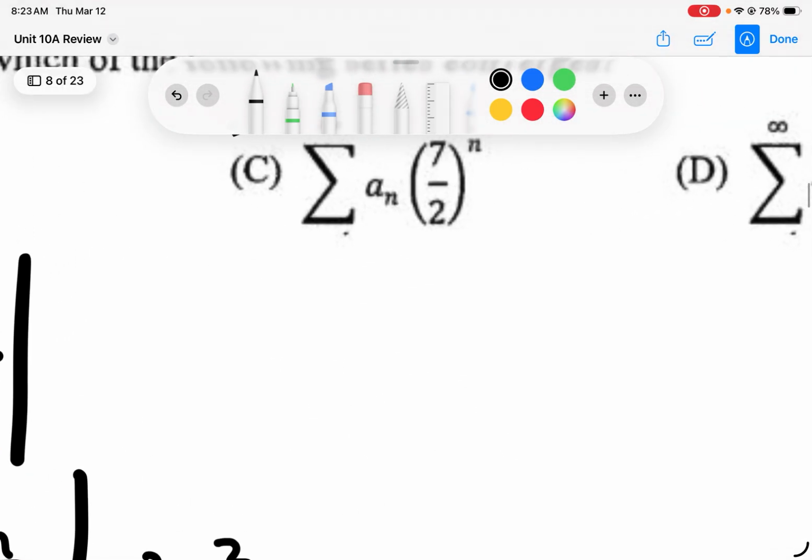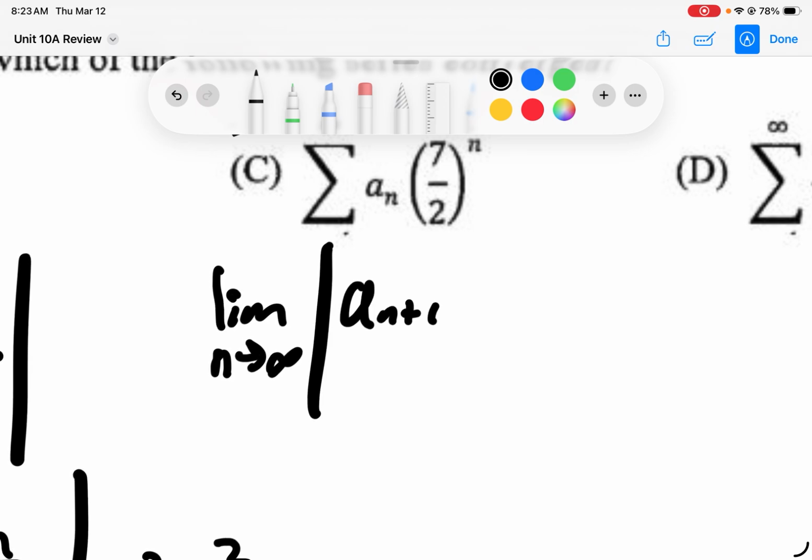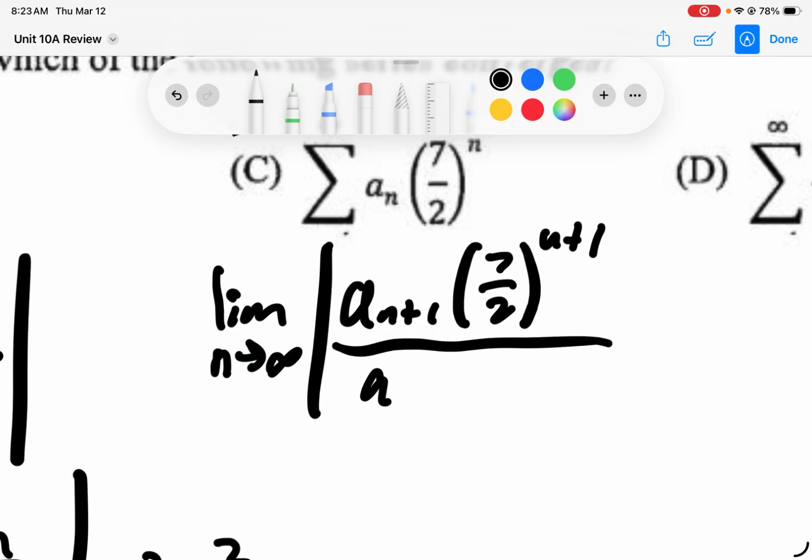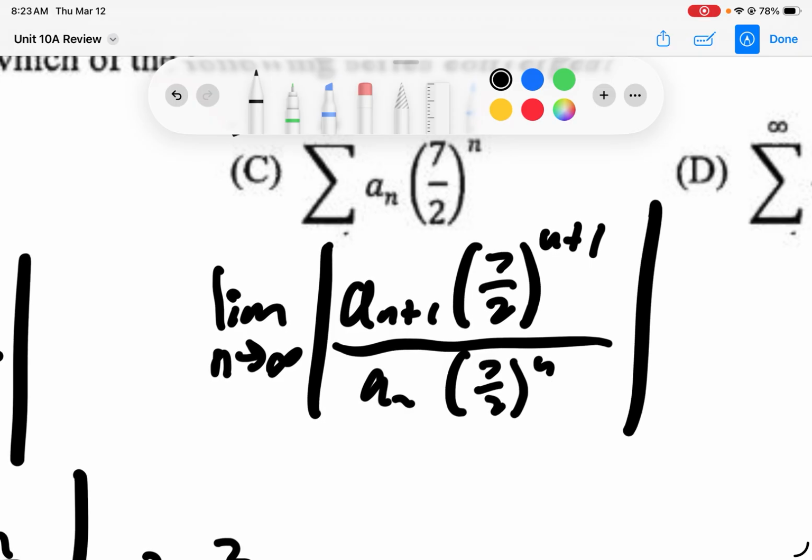All right, let's do it again. Limit as n approaches infinity of the n plus 1 term divided by the nth term. This would be equal to the limit as n approaches infinity.